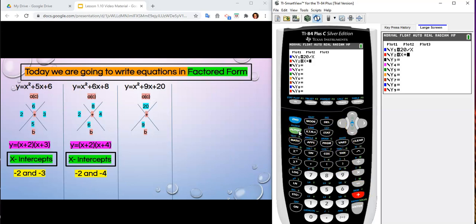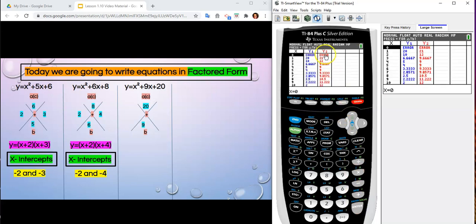So we go to VARS, then Y-VARS, and hit 1 for function. Then you should see Y1. We click Y1 there and go second, back to graph. And guess what? It added these factors together for us. And this is what we're looking for.